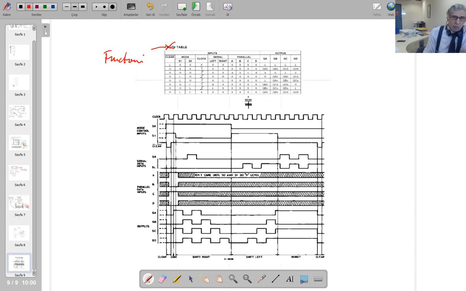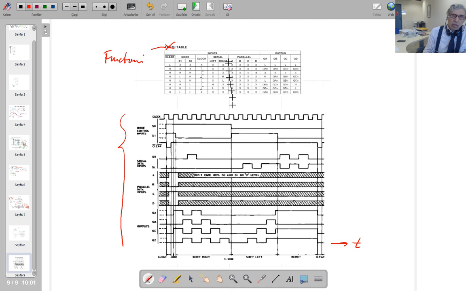Here, they give you this timing diagram in order to define their product on the time axis. If you consider this axis as time, you can see at what time instant you could observe an output change. So when you see this diagram, don't hesitate.